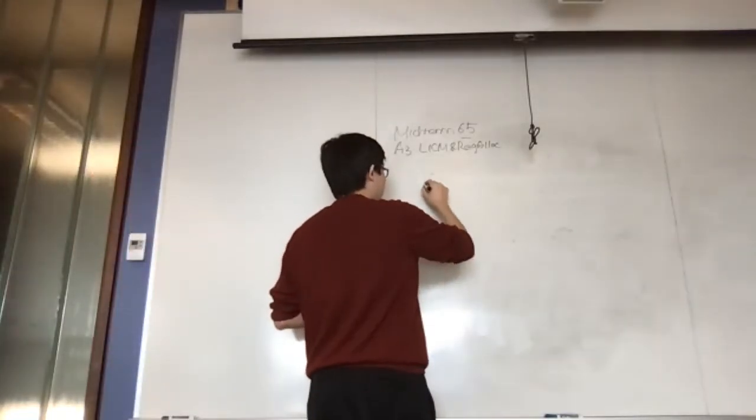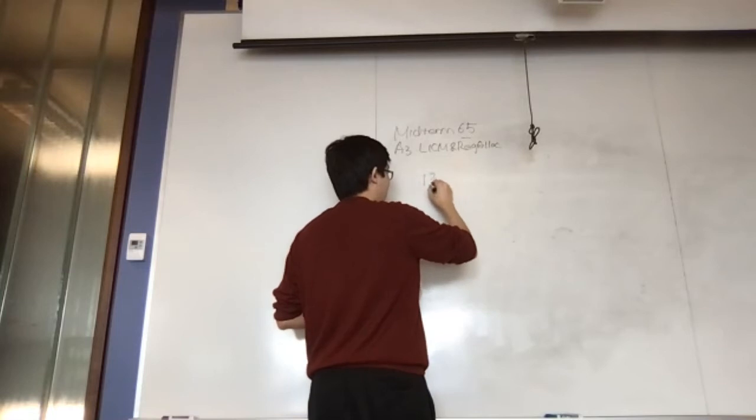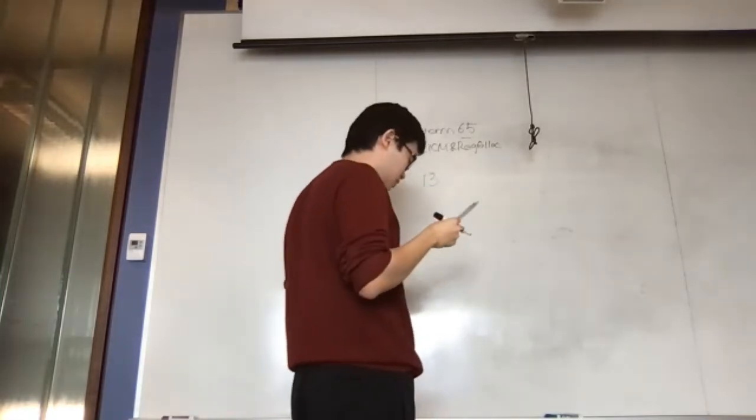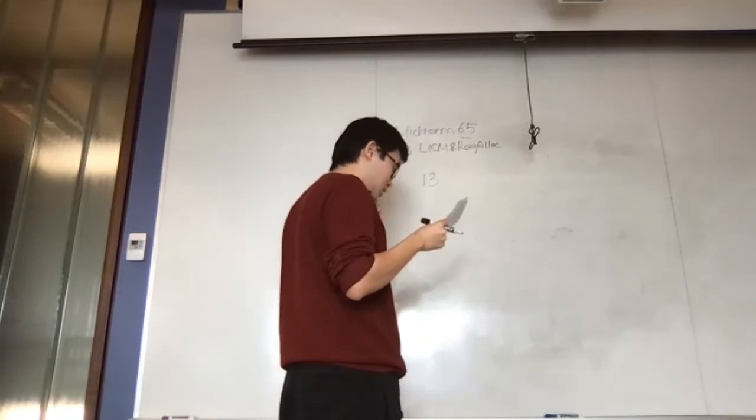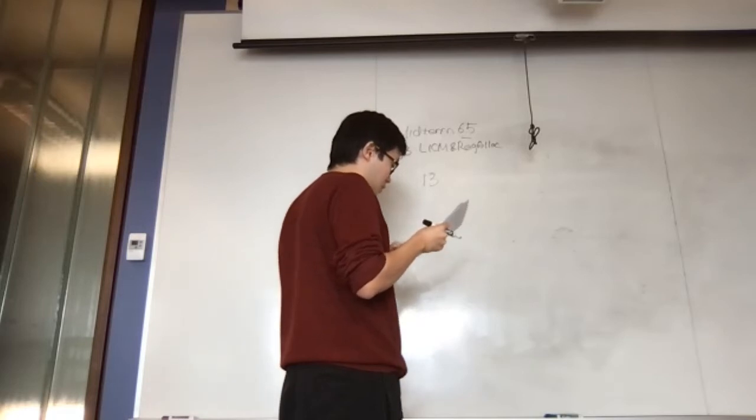For question 13, which is on control flow graph, I think most people handle this question pretty well. I don't think there's much issue with it.